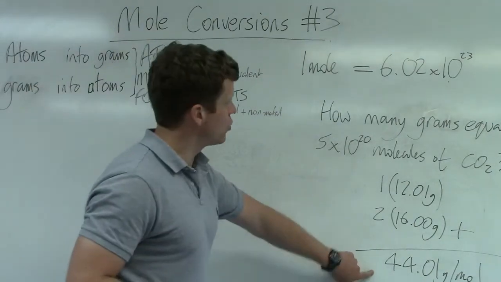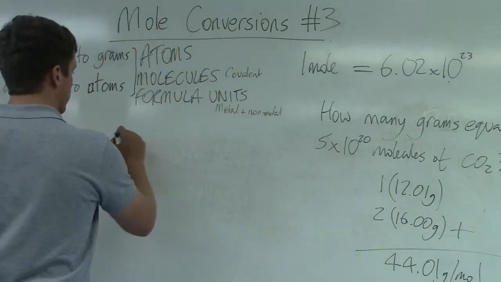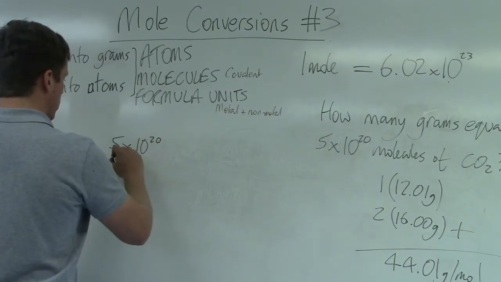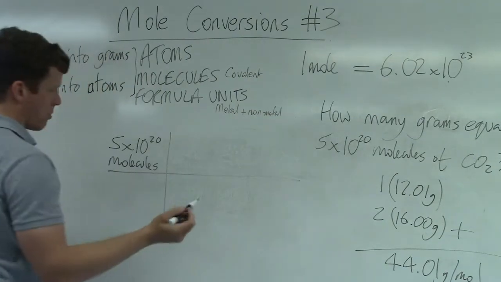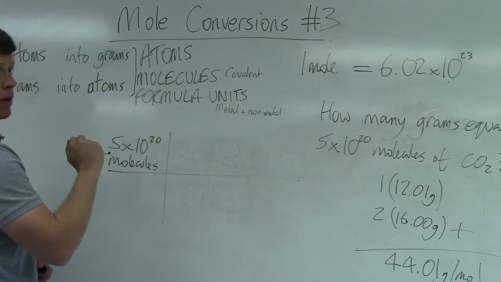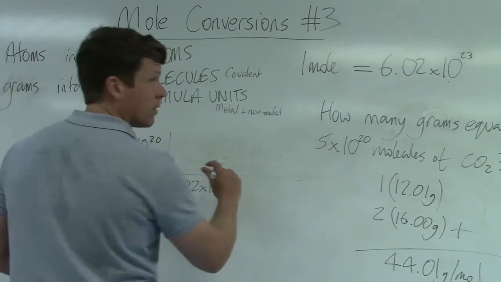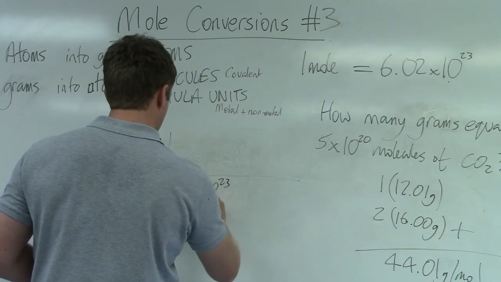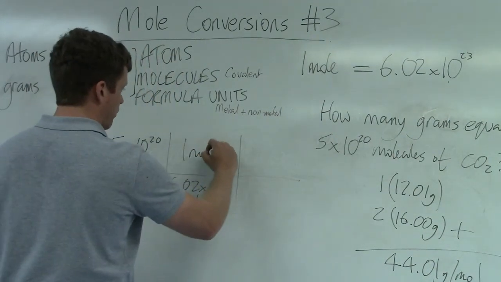We know that conversion, we know this conversion, we know what we're converting, so we can do this. So that many molecules. So molecules, remember, non-metal and non-metal bonded together. So we can change molecules into 1 mole.